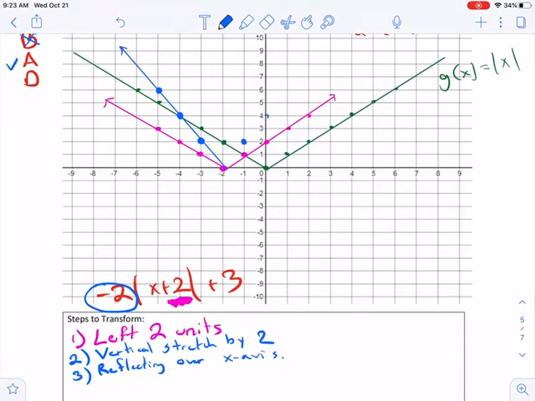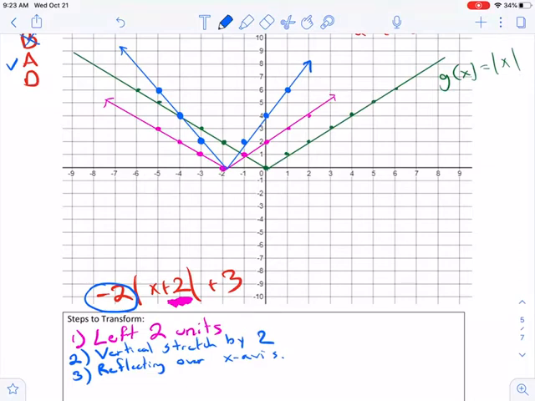So here I'm doubling all my y-coordinates. Oh, I did such a bad line, it didn't let me do it. There we go. All right, so that is after my vertical stretch by 2.